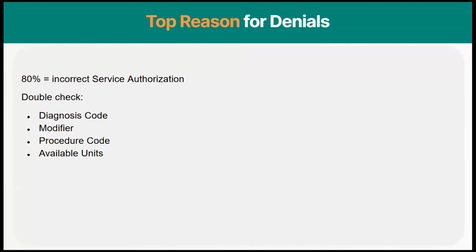Before submitting any claims, admins should always double check the diagnosis code, the modifiers, and the procedure codes for each service selected, and also make sure there are still enough units to bill under the client's service authorization. Taking a few extra moments to verify these details can significantly reduce denials, save time on corrections, and help ensure faster payments.